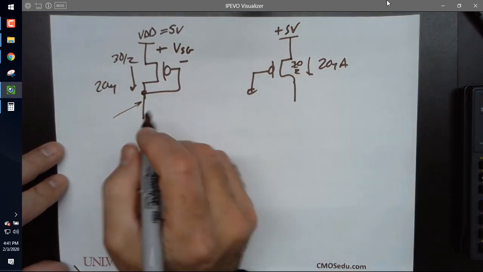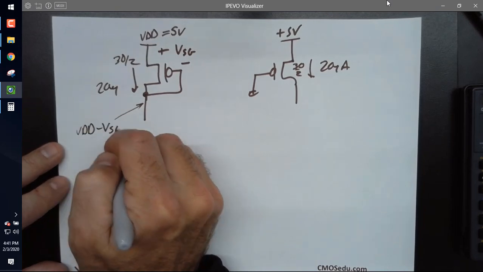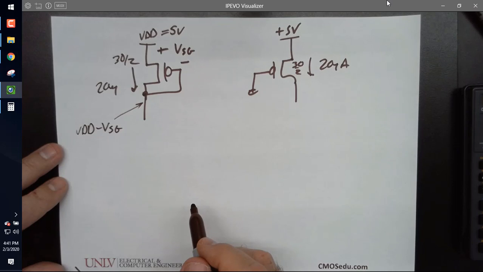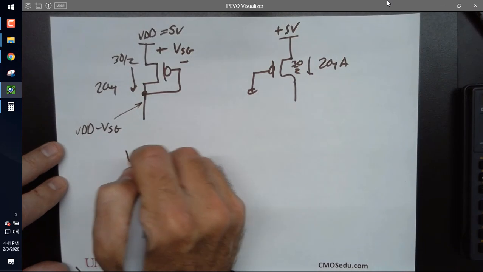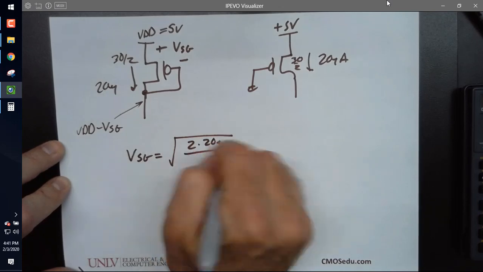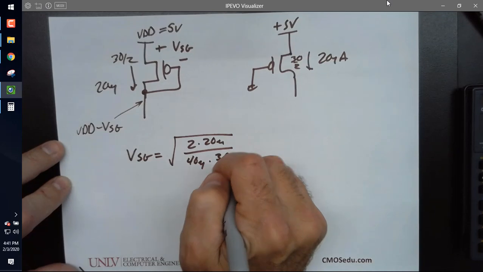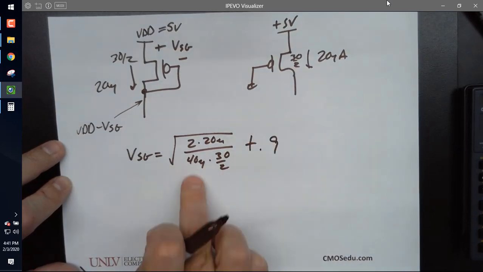This is the tricky part, because this voltage is VDD minus VSG. So then I write VSG equals the square root of 2 times 20 micro over 40 micro times 30 over 2, plus 0.9. What's the 40 micro?